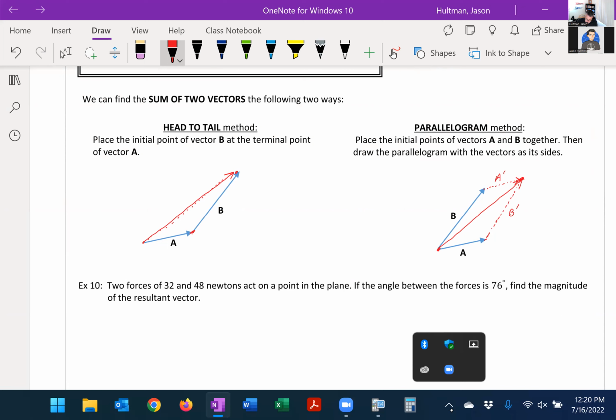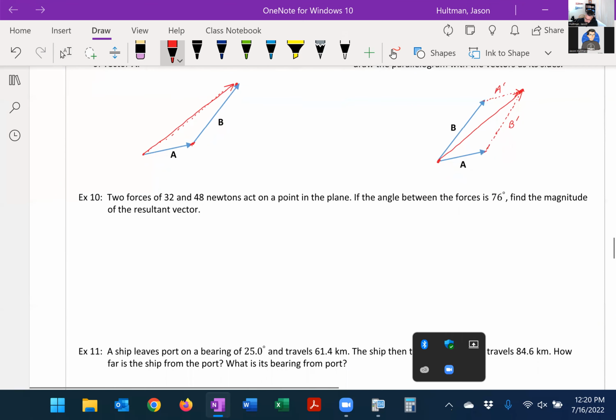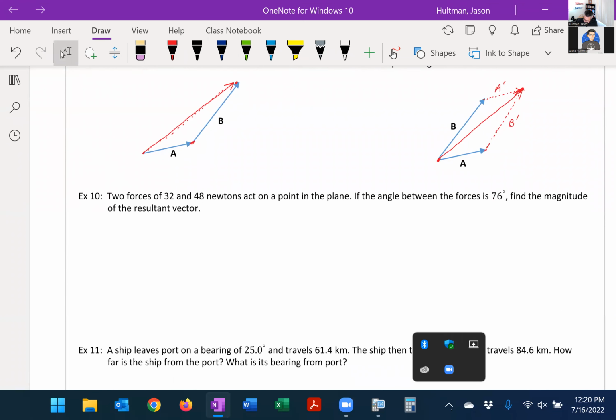Okay, so let's use this summation of vectors to find some values here. Two forces of 32 and 38 newtons act on a point in the plane. If the angle between the forces is 76 degrees, find the magnitude of the resultant vector.